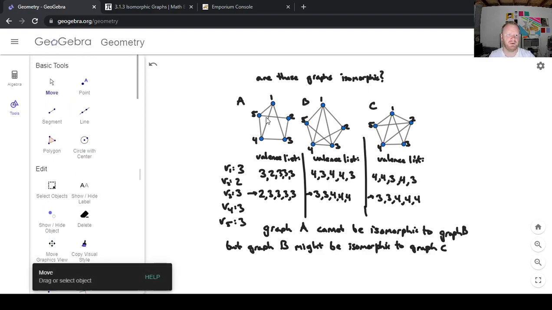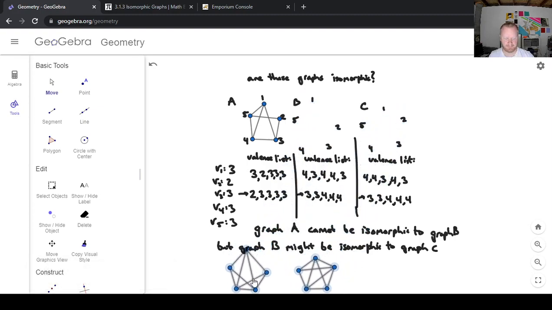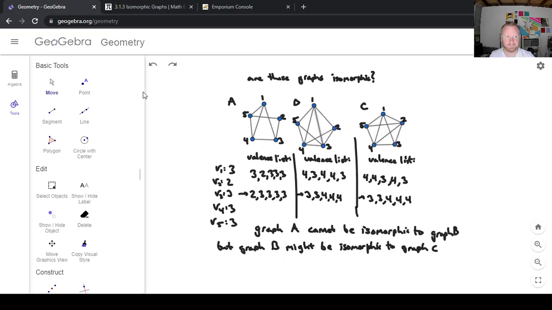So I'm just going to do some moving, some copy pasting.